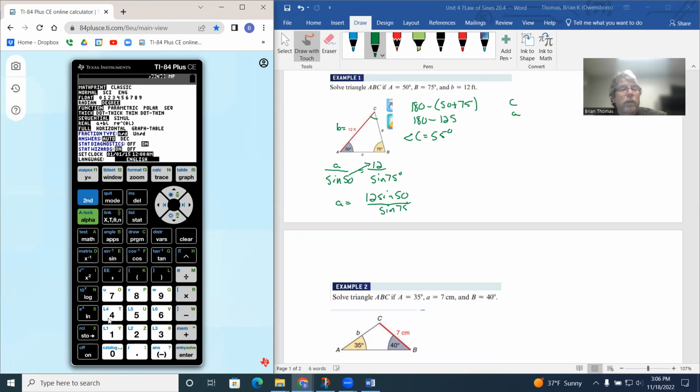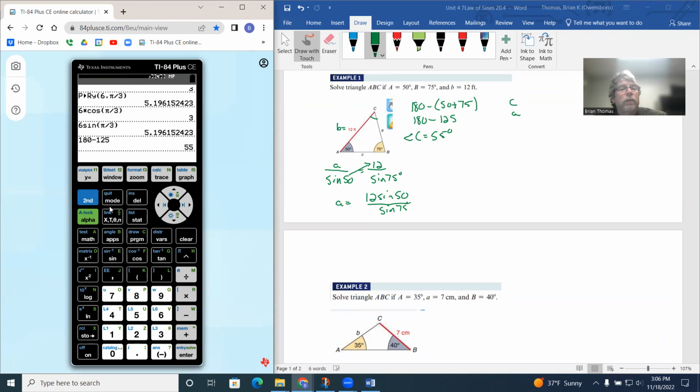So if I type in 12 sine of 50 degrees, hit enter, and if we divide that by sine of 75 degrees, that'll give me side A, which is 9.5 if I round to the 10th place.